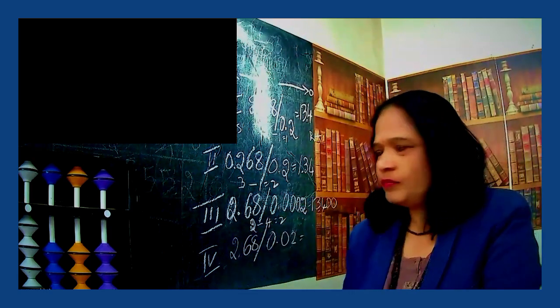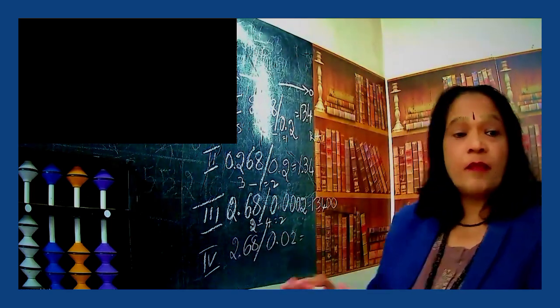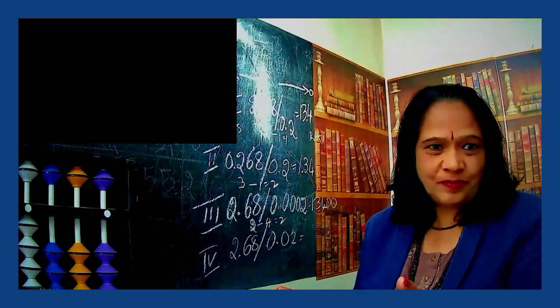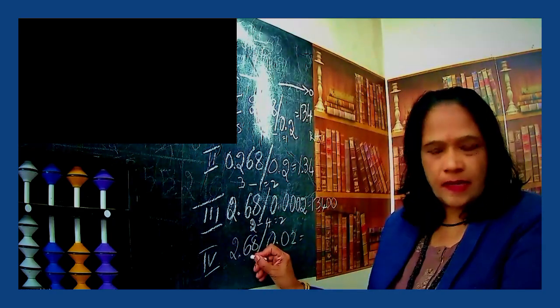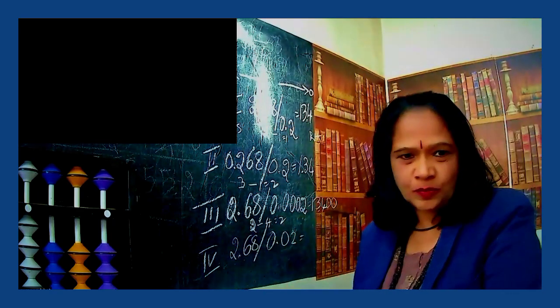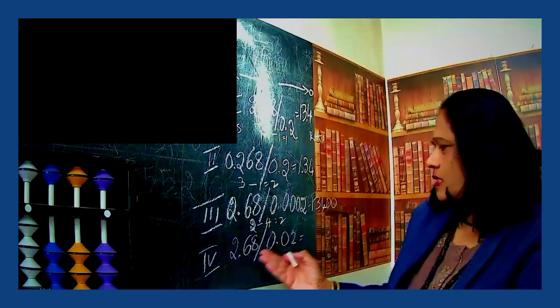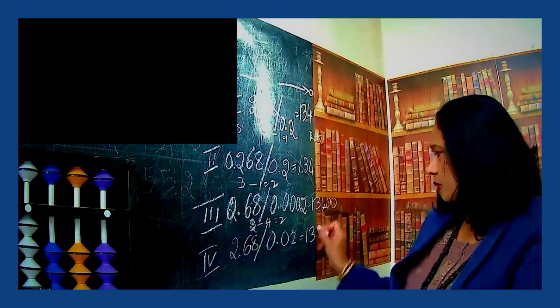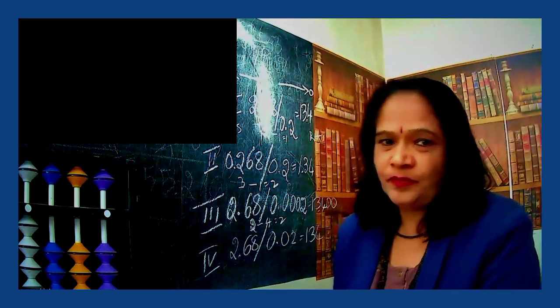Now we are moving to the fourth type. In the fourth type, see here. The decimal points are the same on both sides. Both sides have the same number of decimal numbers. 2.68 divided by 0.02. The answer we know already: 268 divided by 2 is 134. We are learning how to put the decimal points.